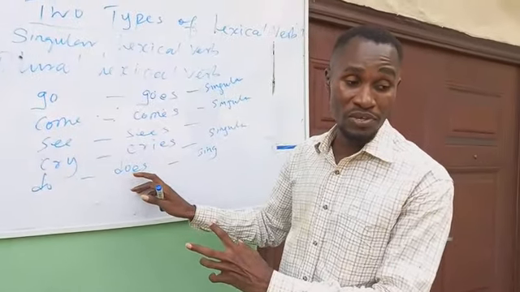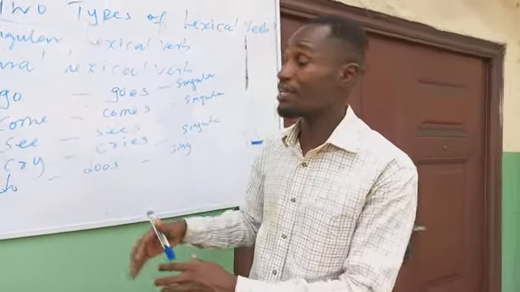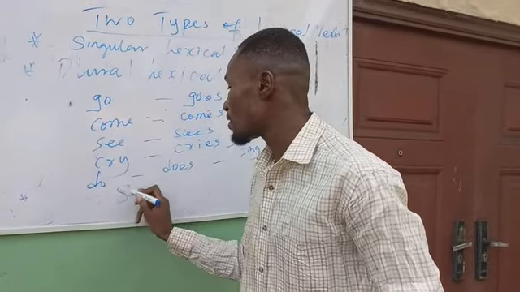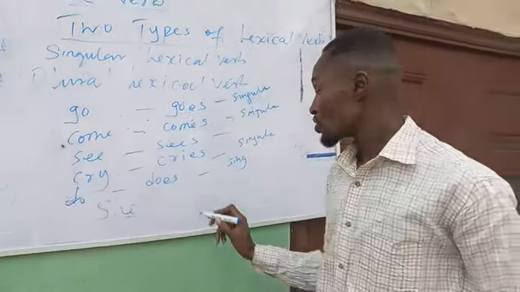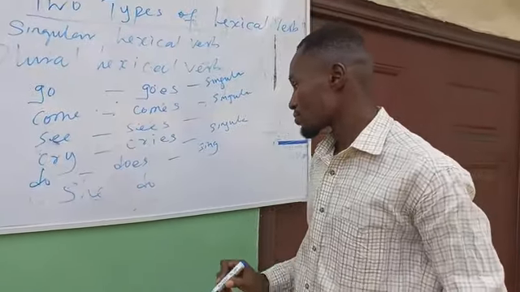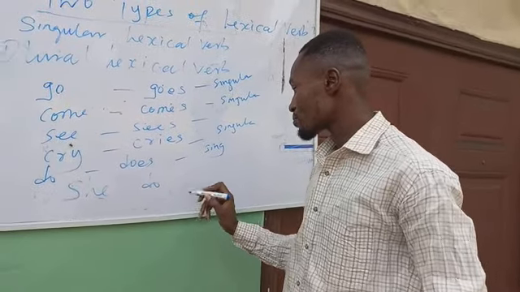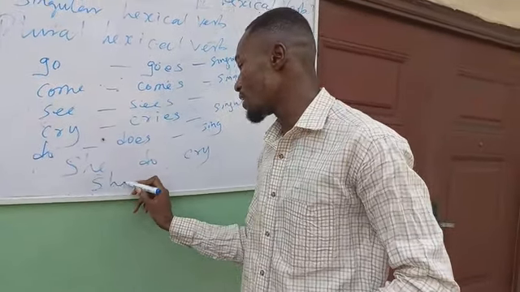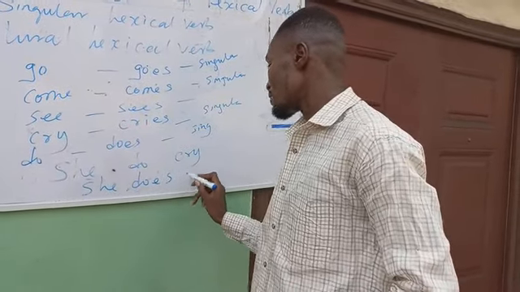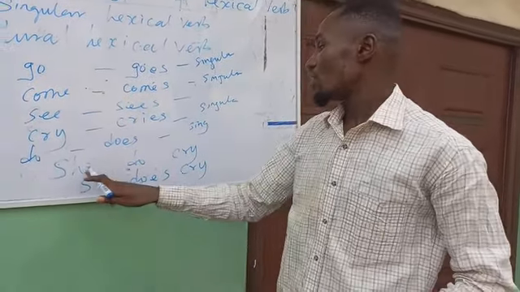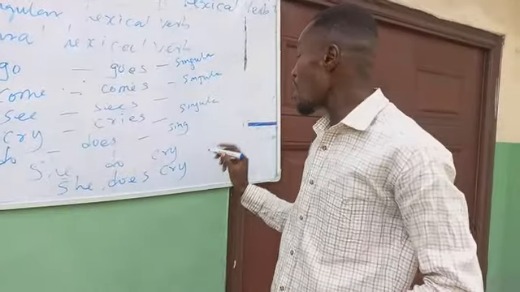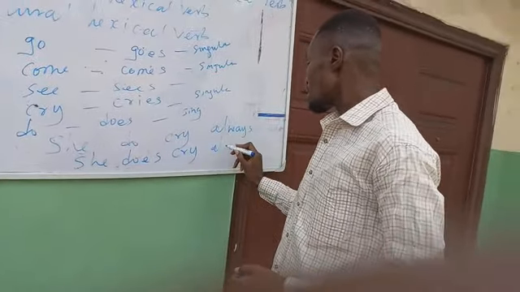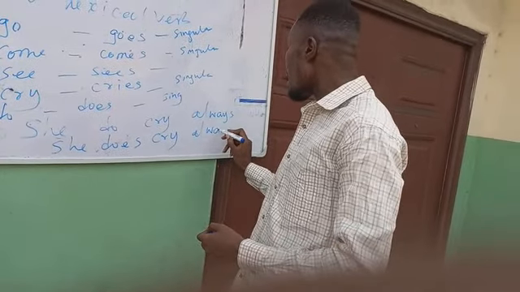So if I want to apply it, for example, I can say she, for example, like the application of this now. I say she, right? She do cry always. Then we have she does cry always.